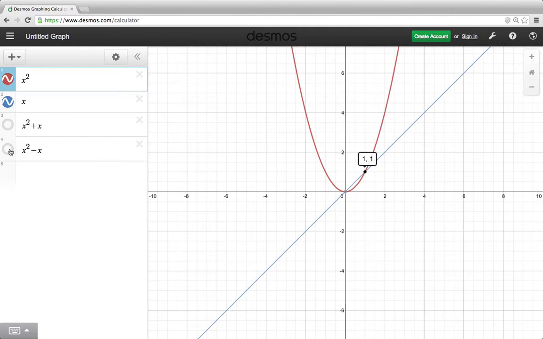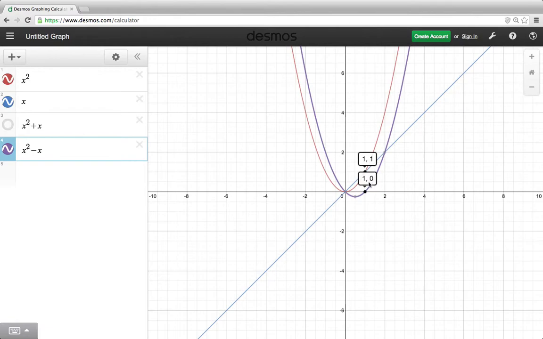So let's take a look. When x is 1, our y value is 0. So they've subtracted the red and blue functions to find the graph of the purple function here. 0 and 0 ends up being the same. And because we're subtracting large negative values, we end up going in an upward direction here with our purple.